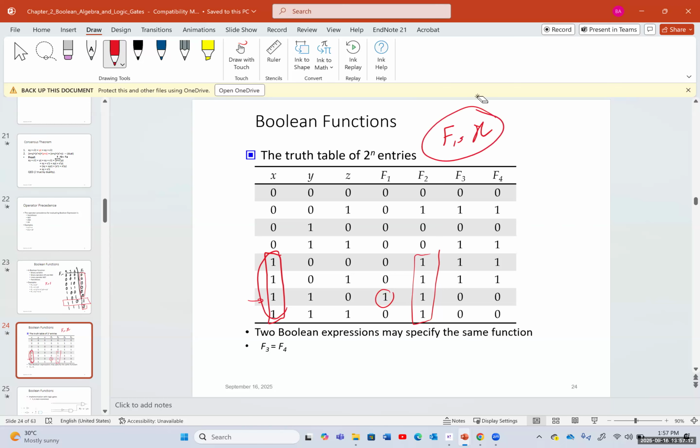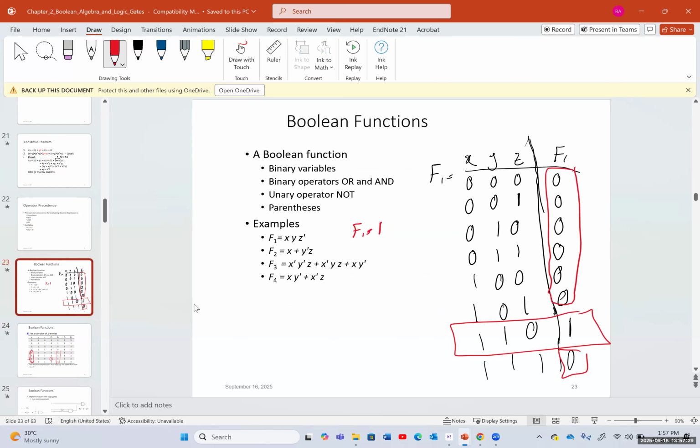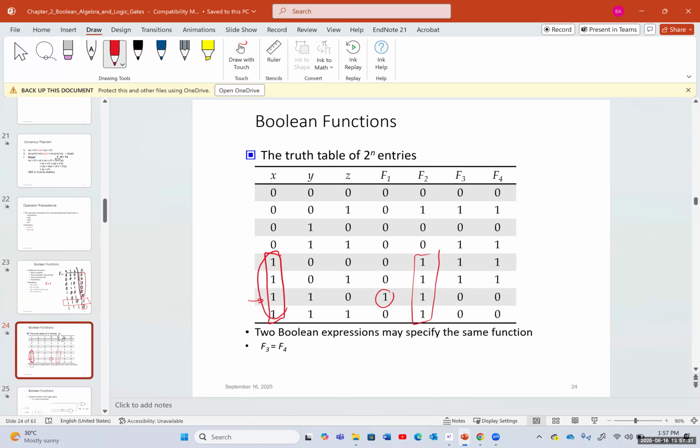This is one solution that we have for this, and I'll explain how this is done. I don't want to confuse you at this point. And the same thing we could do with f3 and f4. The only thing that we have to do is write the truth table and replace the binary values into the equations that we have here.